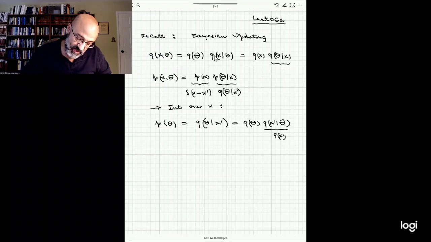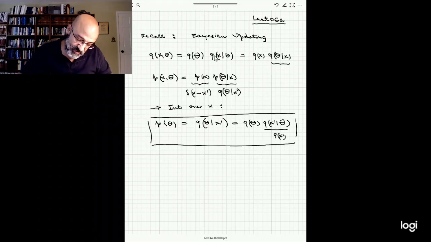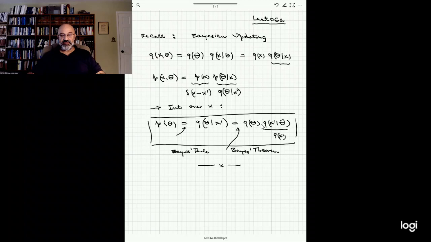So here we have Bayes rule, and this expression here, the equality of the second and the third terms, is what is normally called Bayes theorem. Very nice.